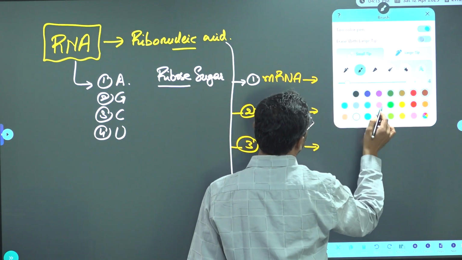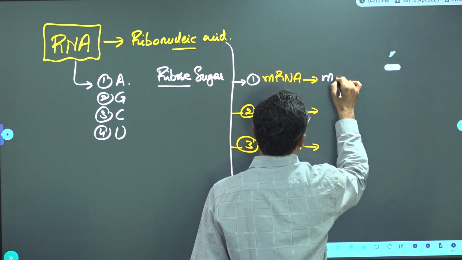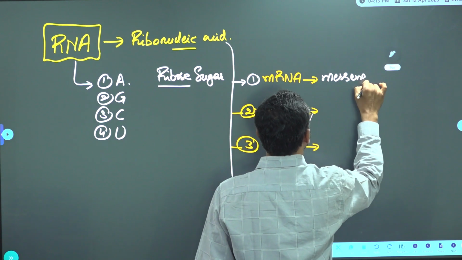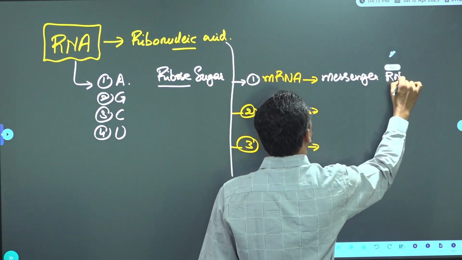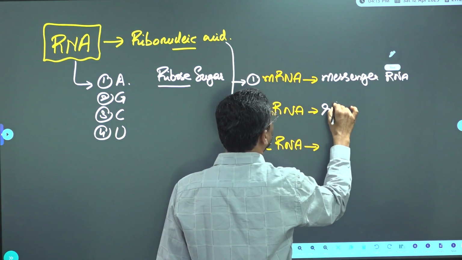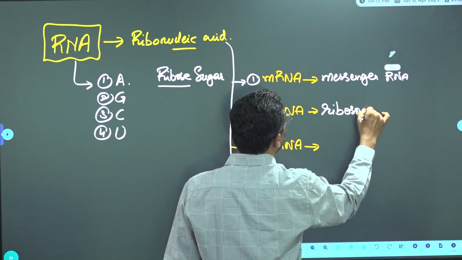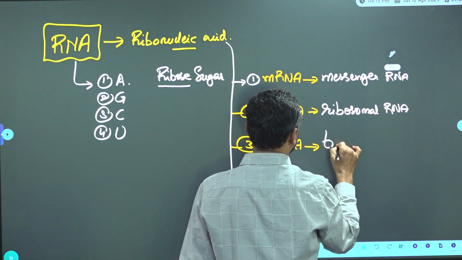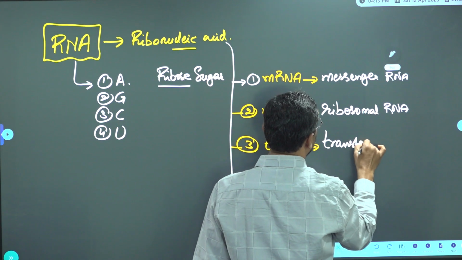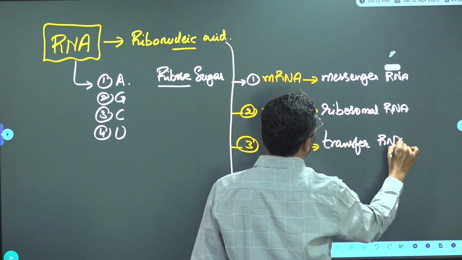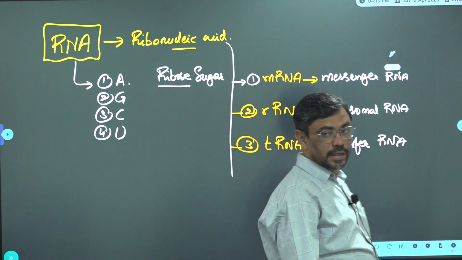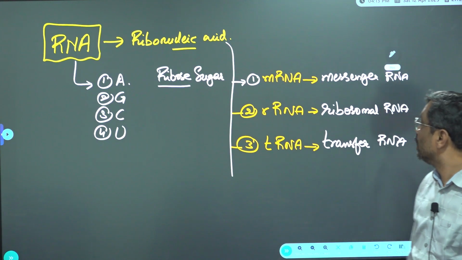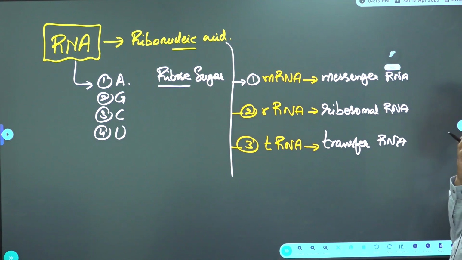mRNA is called messenger RNA, rRNA is called ribosomal RNA, and tRNA is called transfer RNA. RNA means ribonucleic acid.